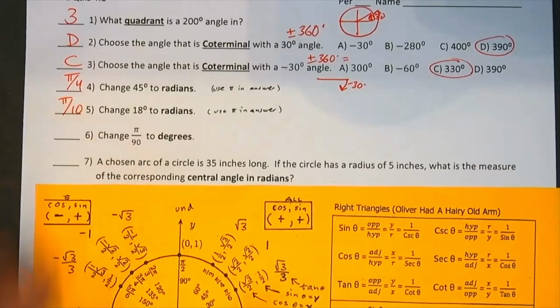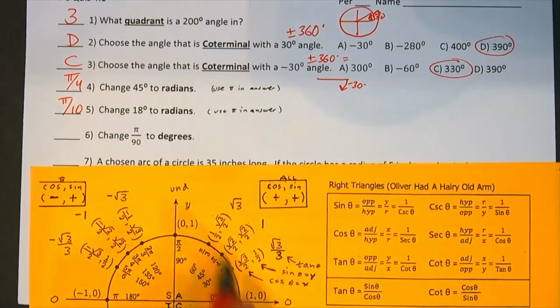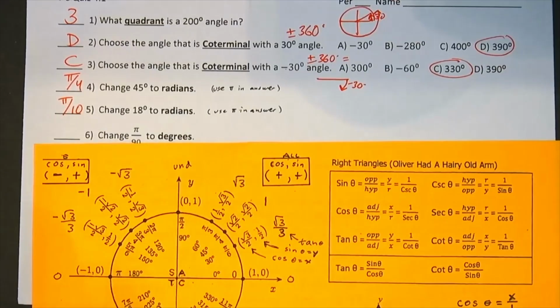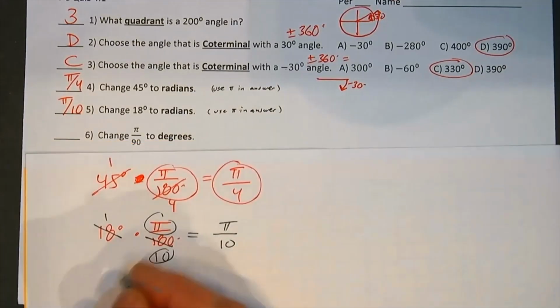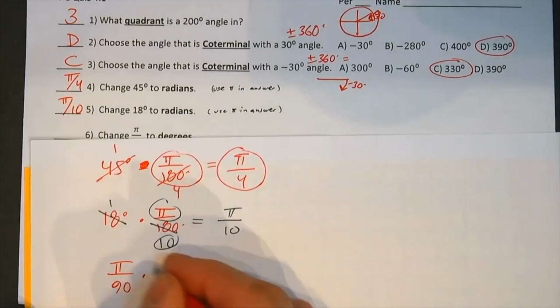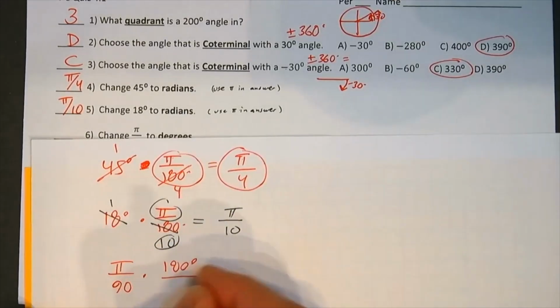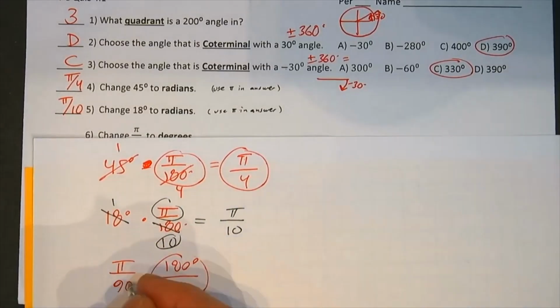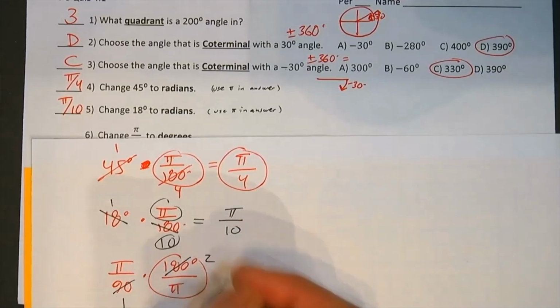Change pi over 90. There is no pi over 90 on the list. That's a 90th of pi, a tiny bit. Okay, so we'll just change this one. Pi over 90. Once again, we'll use our little trick, but this time we'll put 180 degrees on top. On bottom, we'll do it the other way because I want degrees to cancel. 90 goes in there once, 90 goes in there twice.